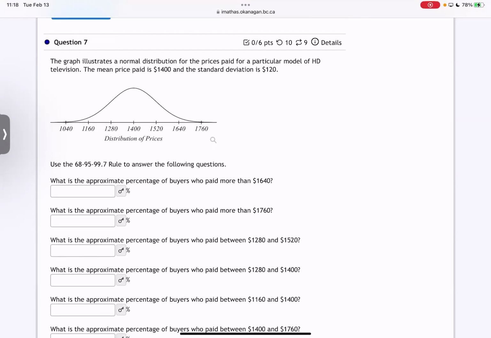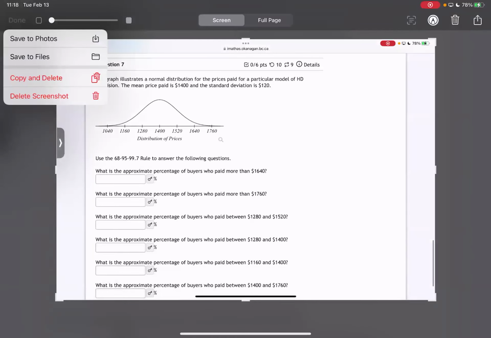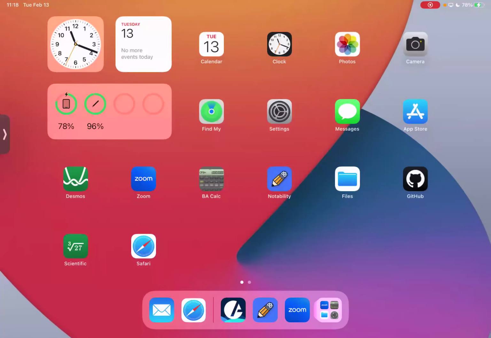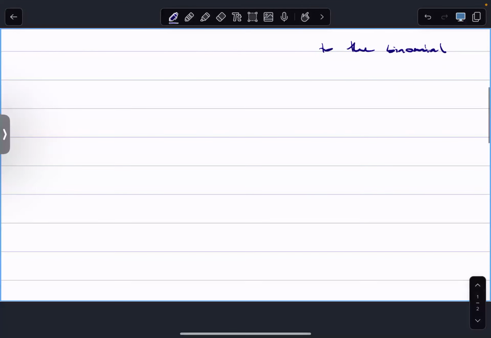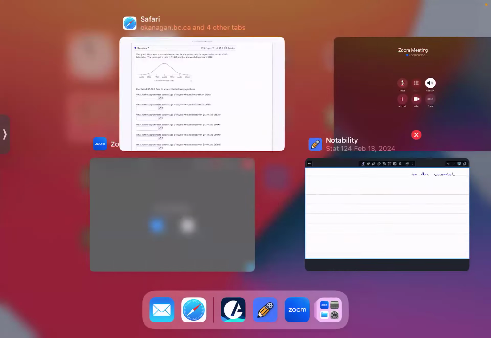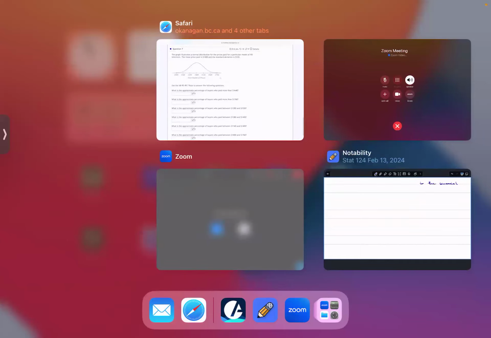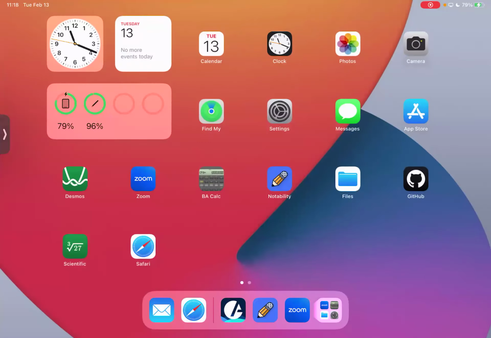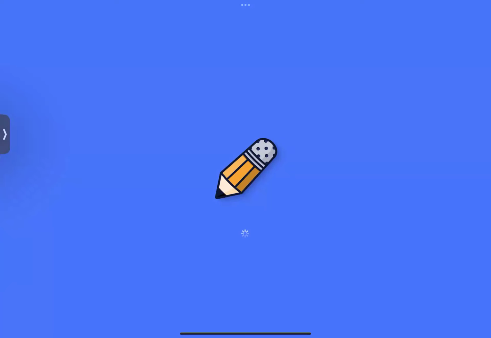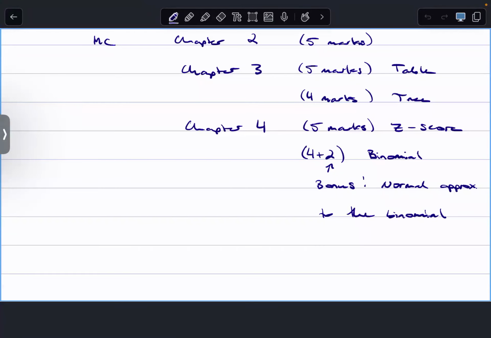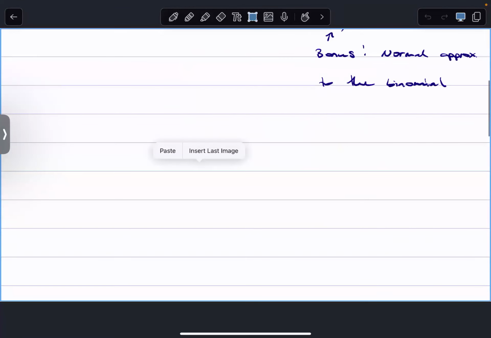Let's have a look. I'll just screenshot this. And let's see, I'll just do one or two and see. Oh, hey, yeah. Okay, I guess I need to restart that. Come on. I do need to be able to paste.